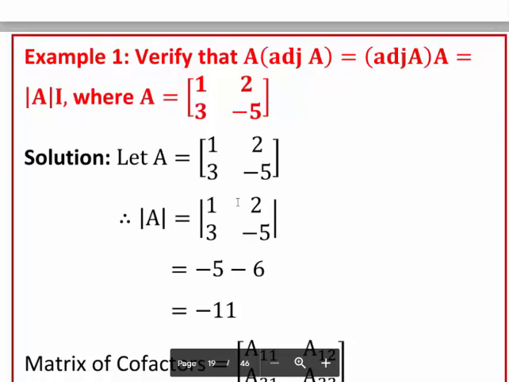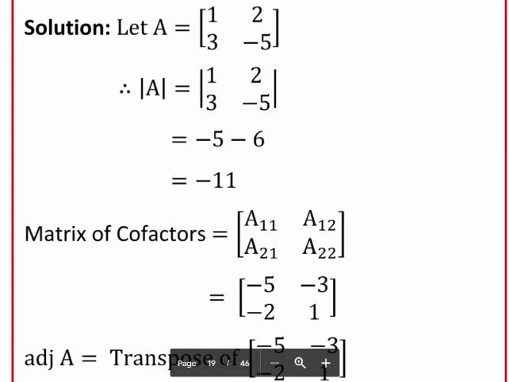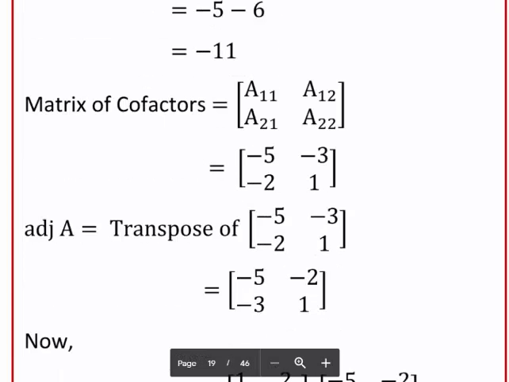This is our A, this is B, this is C, this is D. AD minus BC. We get determinant of A as minus 11. Now let us try to find the cofactor matrix by using minors. We get the matrix of cofactors with entries minus 5, minus 3, minus 2, 1.